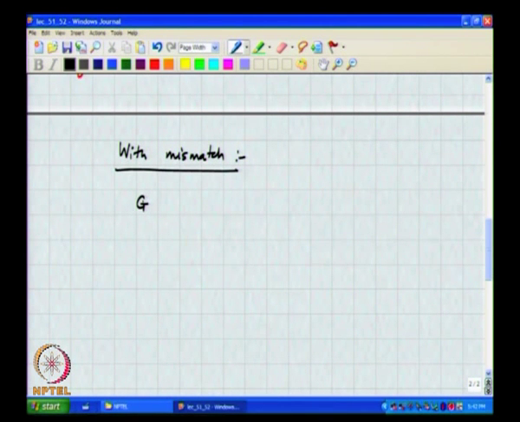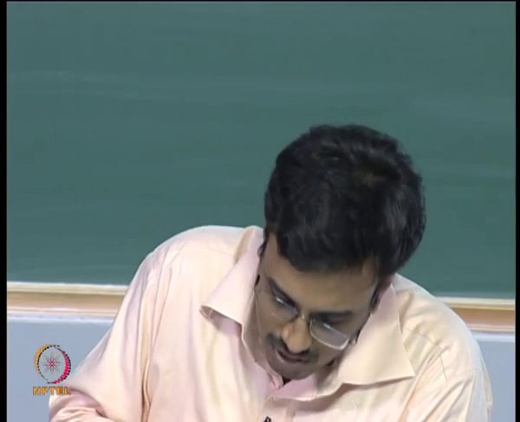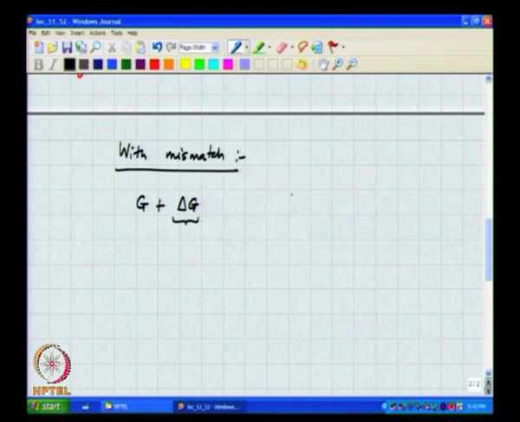Every conductance is not really G, but G plus some delta G. This delta G happens to be a random quantity, characterized by a 0 mean and some standard deviation sigma G; we assume it is Gaussian.